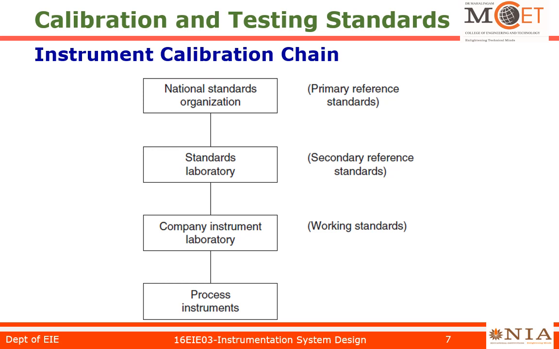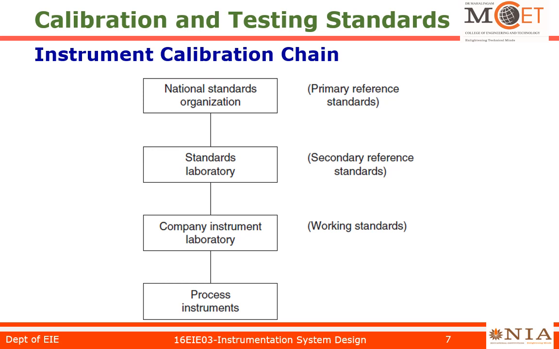The next one is the instrument calibration chain. It consists of the National Standards Organization, which develops the primary reference standards. Next is the standards laboratory, where the secondary reference standards are developed. Then it goes to the company instrument laboratory, where working standards are developed.